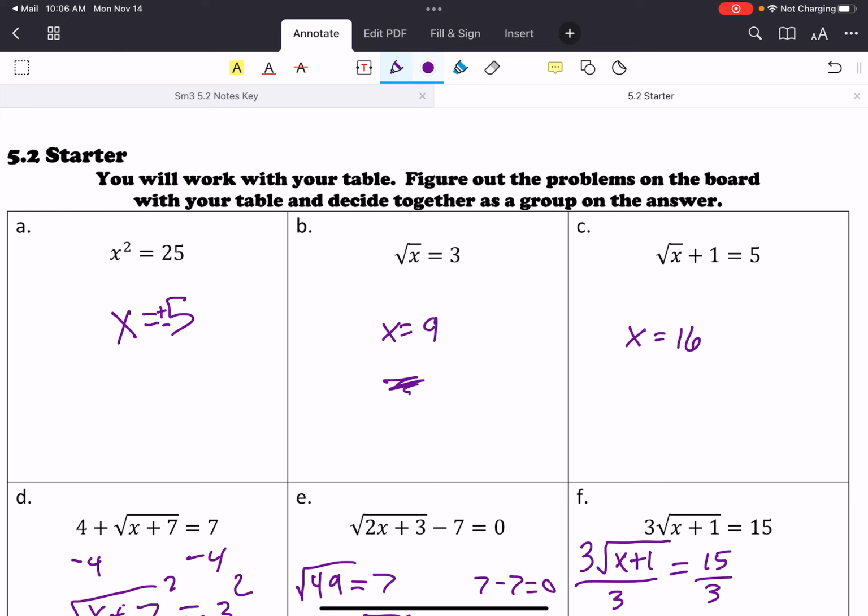But here's the difference, okay? Right here, when we square rooted, we got a positive 3, right? We square root that 9, and we get a positive 3. When we put that 9 back in, the square root of 9 is a positive 3. This is an x being squared. This is an x being square rooted.